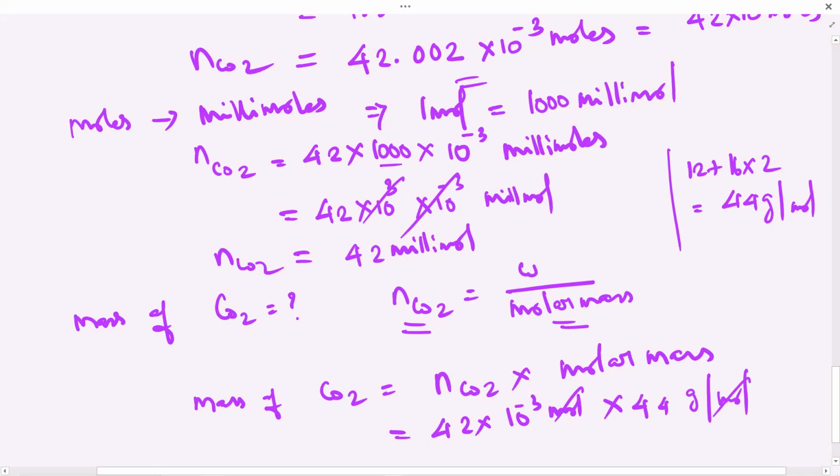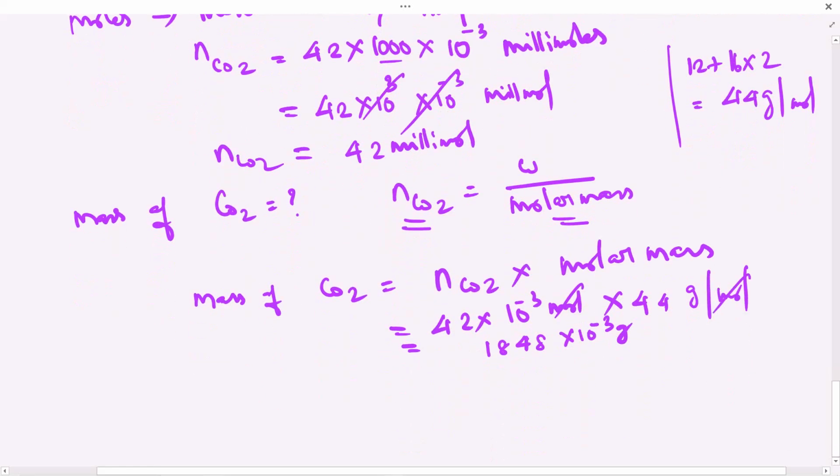Now mole gets cancelled. So this can be written as 42 into 44. That is equal to 1848 into 10 to the power of minus 3 gram, right? So scientifically, if we shift the decimal to the left, it can be shifted by 3 positions like this.